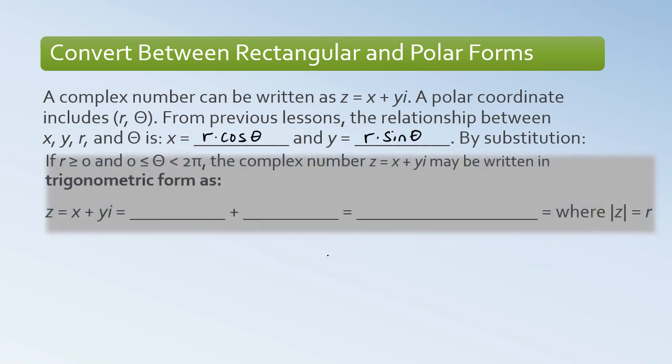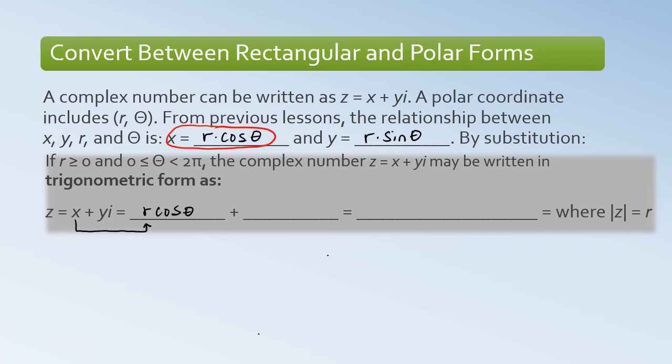Therefore, by substitution, if r is greater than or equal to 0, and theta is between 0 and 2 pi, then the complex number z equals x plus yi can be rewritten in trigonometric form as z equals, instead of x, I'm going to substitute in what I said that x is equal to, which is r cosine theta. So I'm going to write r cosine theta.